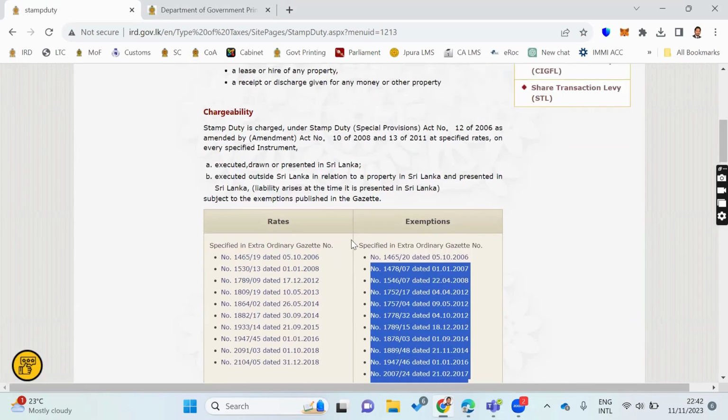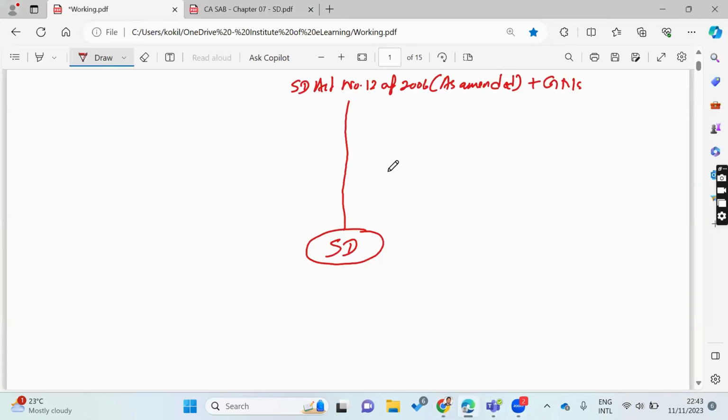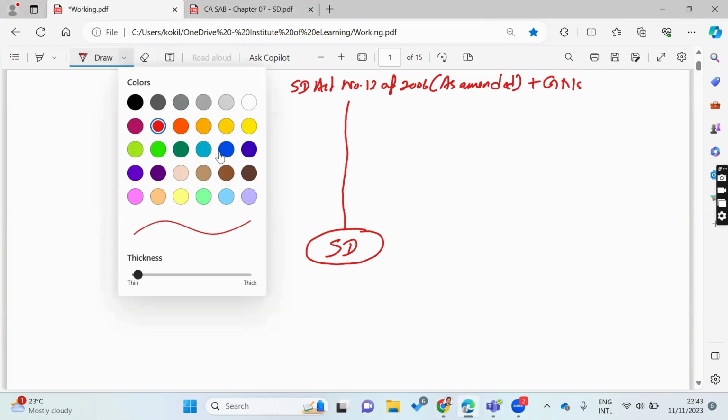Here, how do they charge stamp duty? At the rate specified by the minister, right? Stamp duty rate, there are many rates based on the instrument, right?